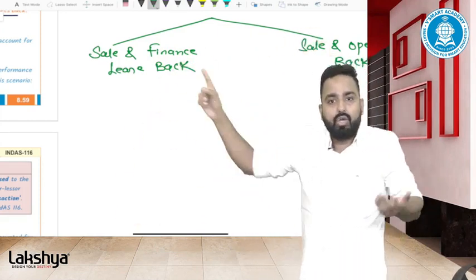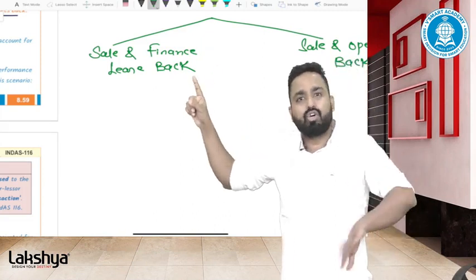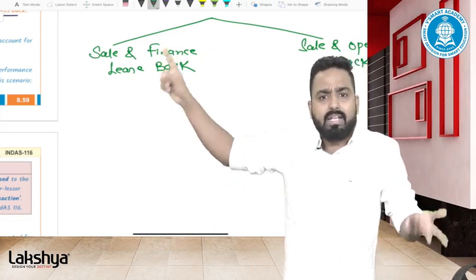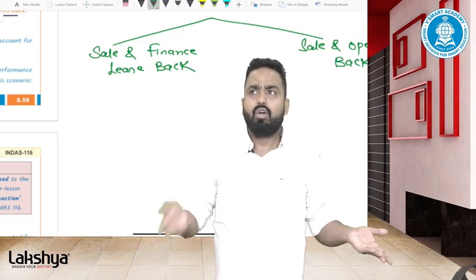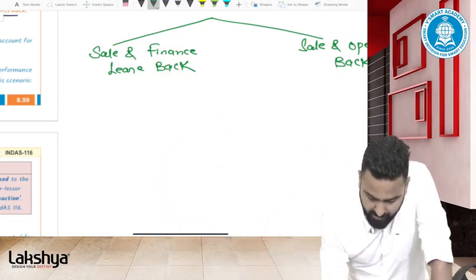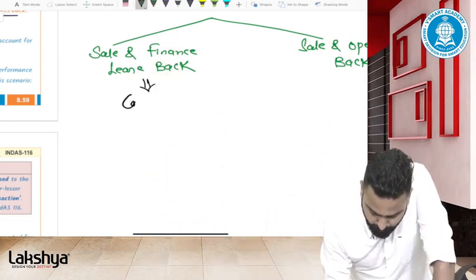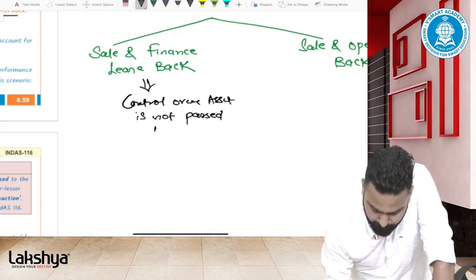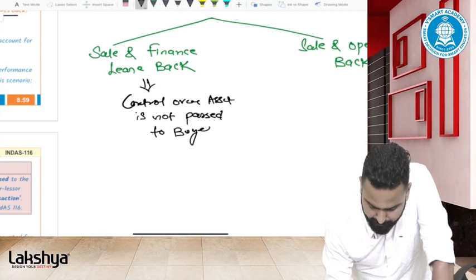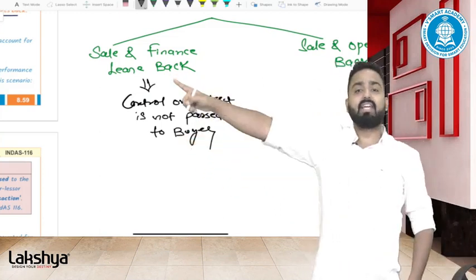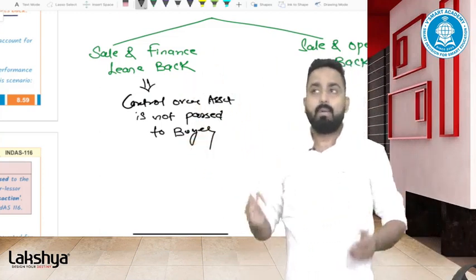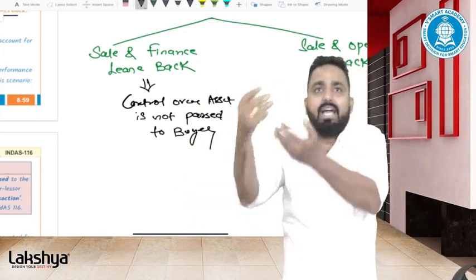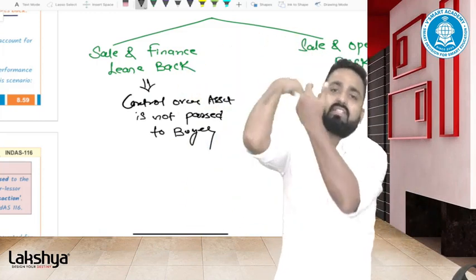So technically, look into the substance of the transaction. There is no sale as such. Technically the control over the asset is not passed to the buyer. So here we can say that there is no actual sale. Because when I am selling the asset, I am transferring the legal ownership, I am transferring the risk and rewards.